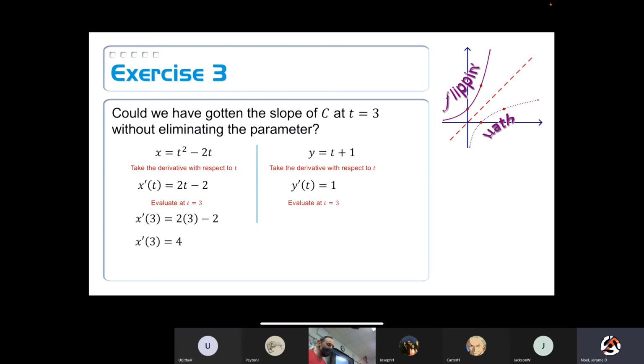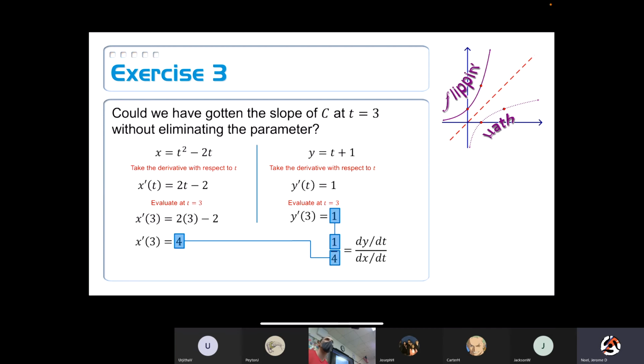You still get a 1. Huh, look at those two numbers. What was our slope again at 3? It was 1/4. Is there anything we can do with these two numbers to get 1/4, I wonder? Yeah. So it is up top, it's the dy dt, and on the bottom it is dx dt.